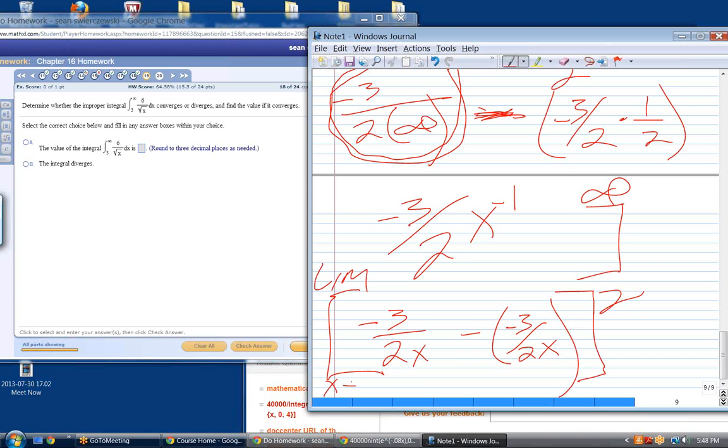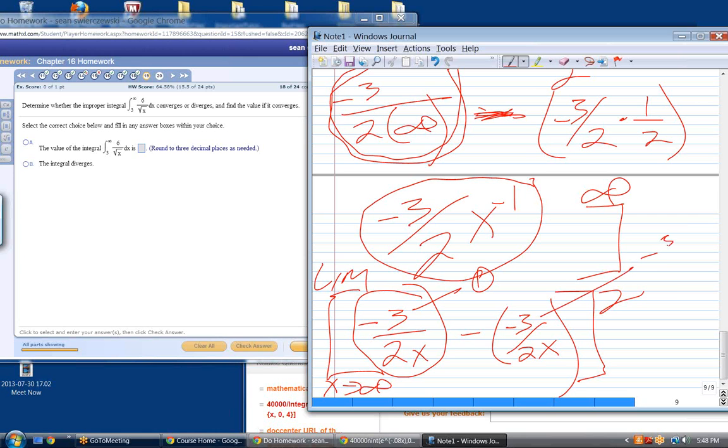Well, first of all, we take the limit of this as x goes to infinity, which is 0, minus the limit of that as x goes to 2, which is going to be a negative 3/4. In other words, this part of it goes to 0, this part of it goes to minus 3/4. So we have 0 minus a minus 3/4.